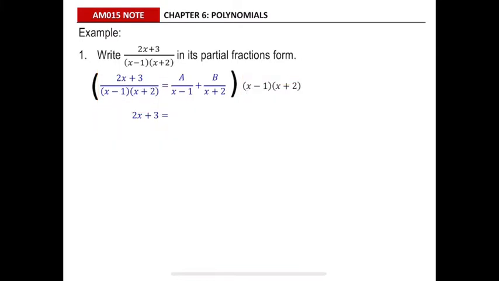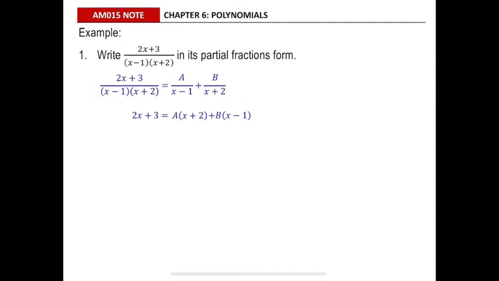When we multiply this fraction with this expression, x minus 1 will be cancelled and leave A multiplied by (x plus 2). Now we multiply this fraction with this expression. x plus 2 is cancelled and leaves B multiplied by (x minus 1).